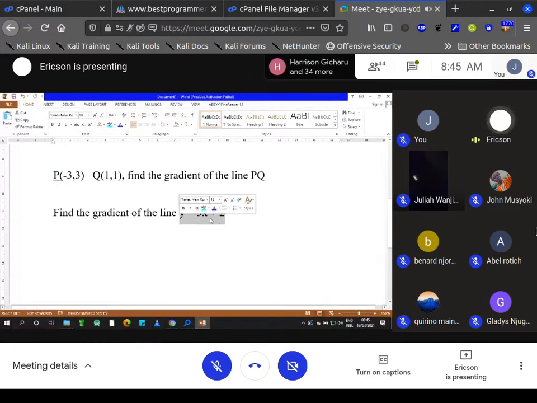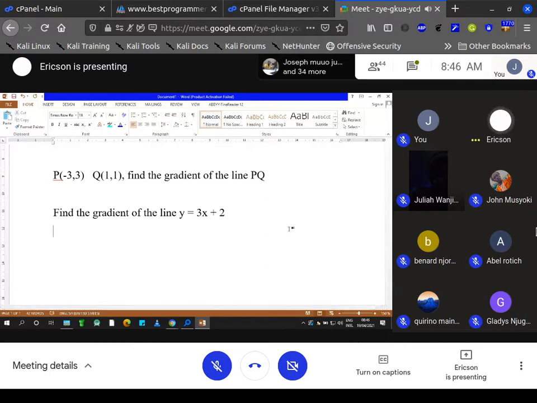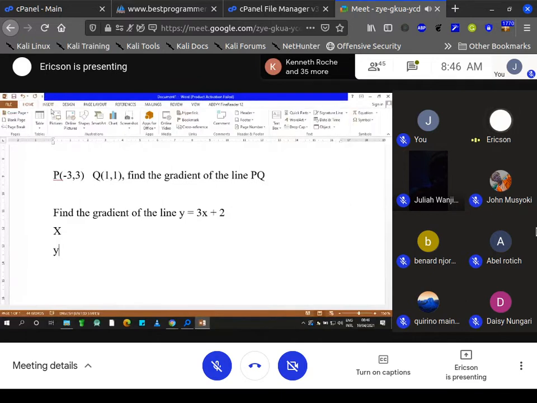The second way is to pick one value of x. Let's choose 2 for x. We have done graphs in the past in class, when we were drawing graphs. You pick x and then y. We draw a table of x and y.